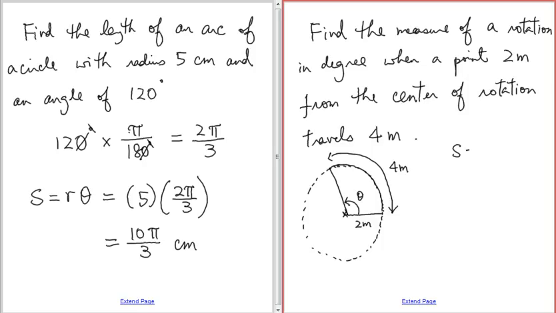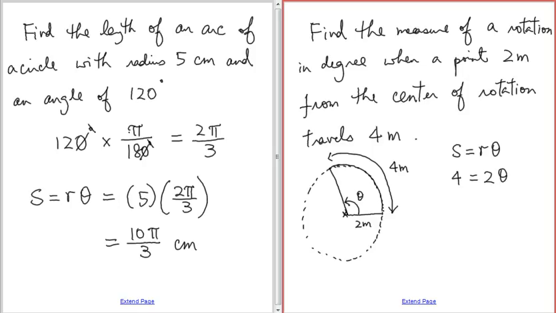We have s equals r theta. What is the s this time? 4 meters. What is the r this time? That would be 2 meters. And theta, do we know? We don't. So we have theta. Can we get the theta by itself? Sure.